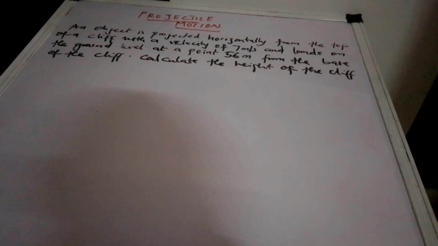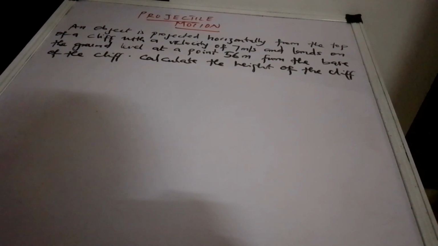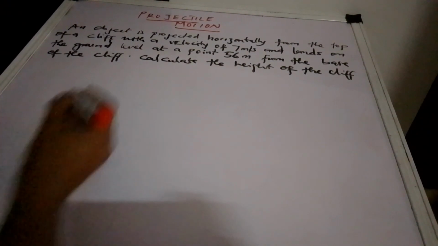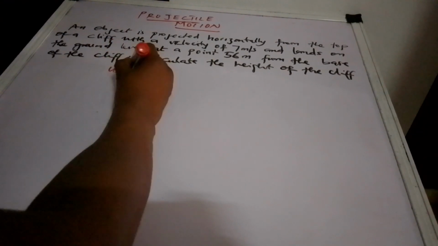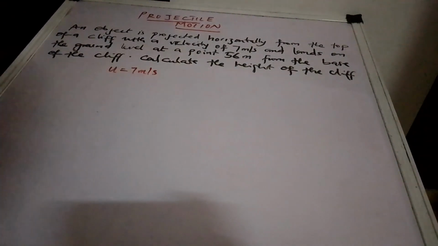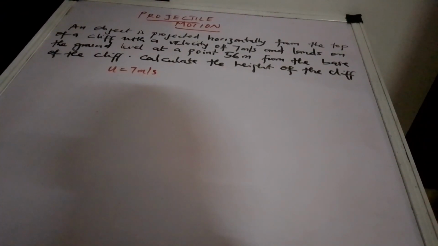So let's look at this example 3. An object is projected horizontally, so that is also clear. That is horizontal projection from the top of a cliff with a velocity of 7 meters per second, and lands on the level ground at a point 56 meters from the base of the cliff.